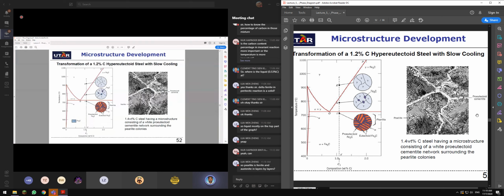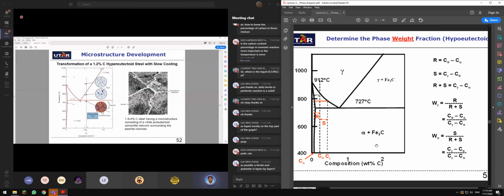So this is ferrite. You have eutectoid cementite, and you have pro-eutectoid cementite, which has formed before.